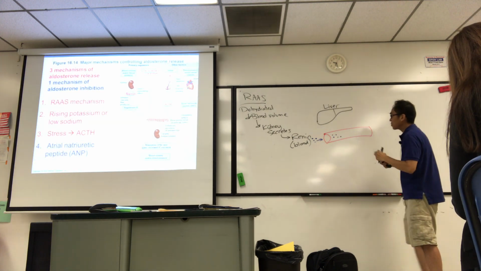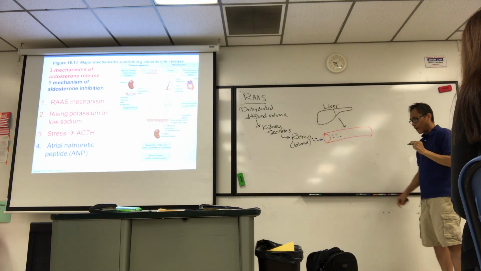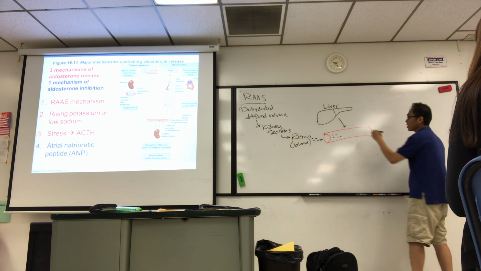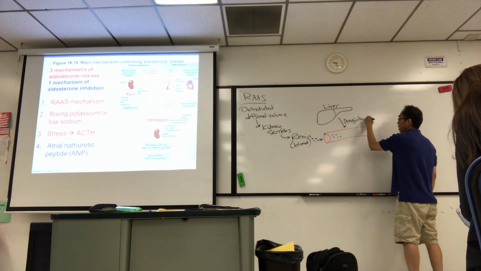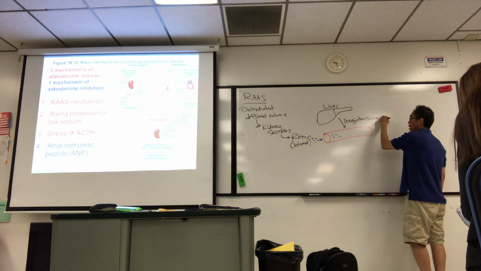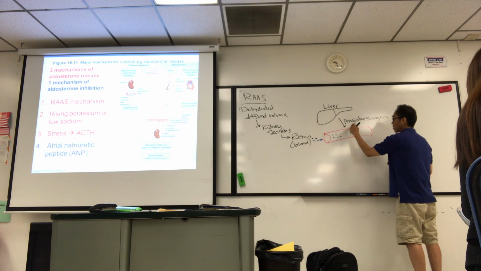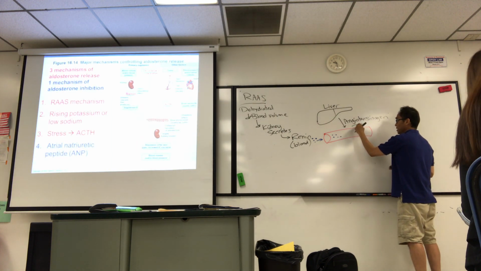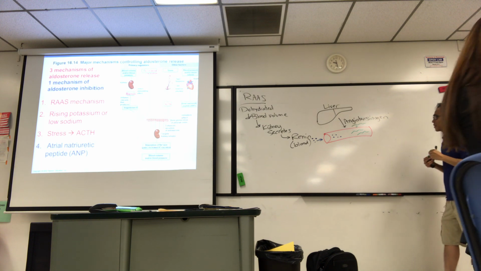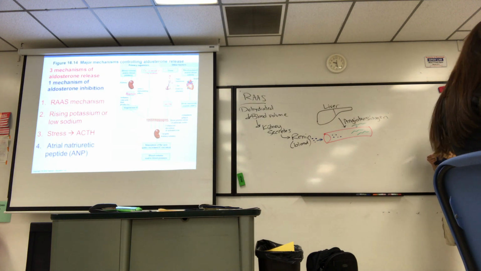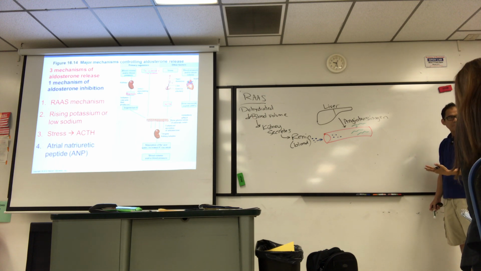The liver will also secrete a molecule called angiotensinogen. Now angiotensinogen, let me draw it as a long green squiggly line that also has to enter the bloodstream. The liver always produces it. Angiotensinogen happens to be a molecule that's pretty inactive.